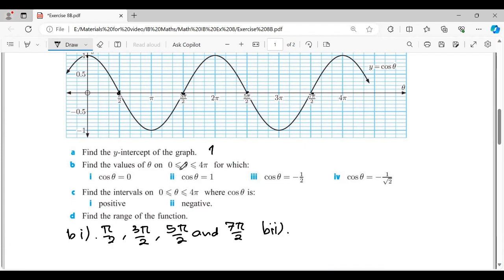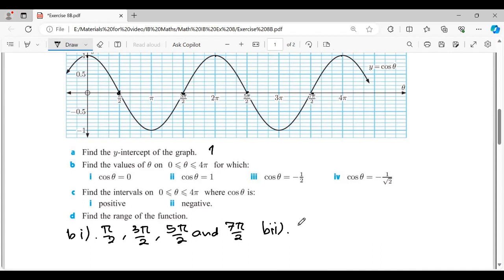Okay, B2. If cosine theta equals 1, look, that's 1, 2, 3 points.